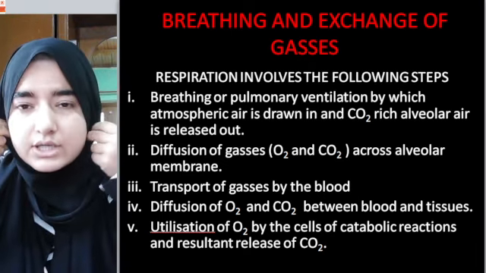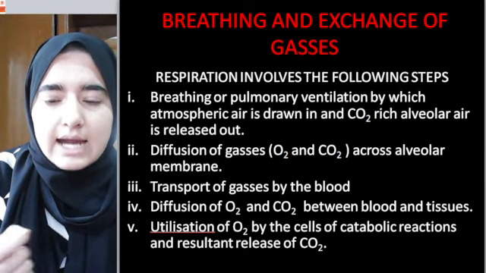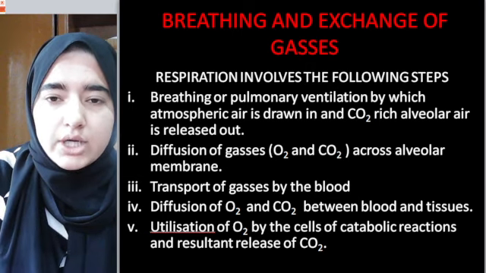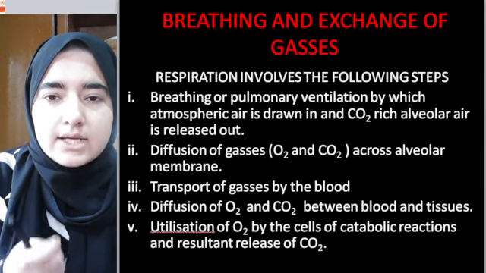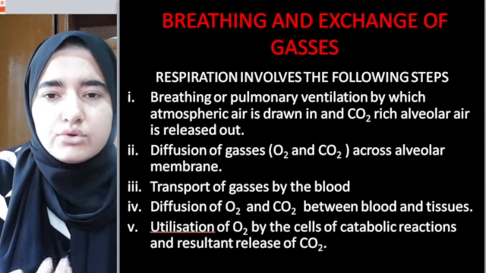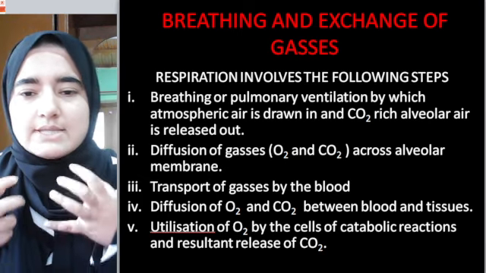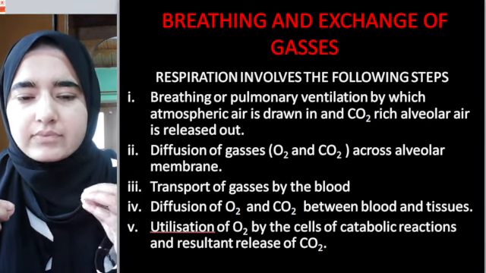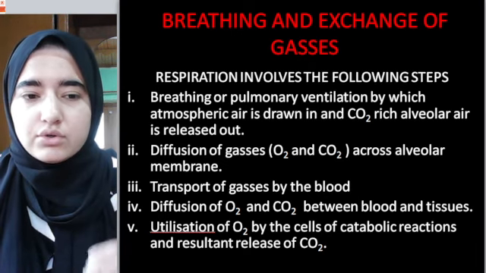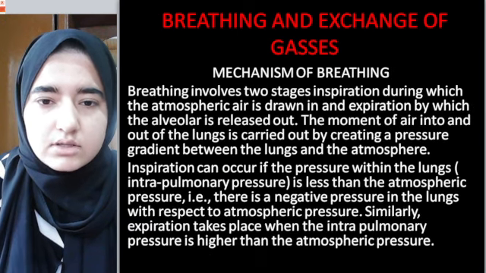As I mentioned in the first session of this chapter, oxygen is utilized during catabolic reactions to break down simple molecules like glucose, amino acids, and fatty acids into simpler forms, so that we can derive energy from them. Oxygen is utilized by cells, and the result is the release of CO2, which is considered a harmful product. I hope this concept is clear.